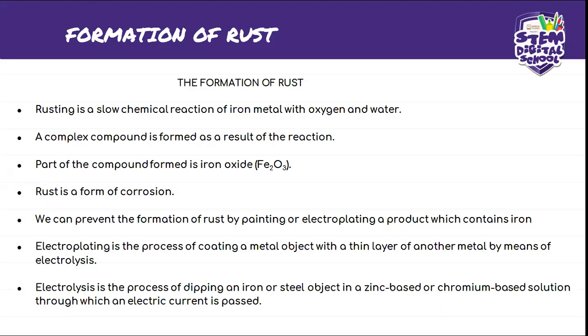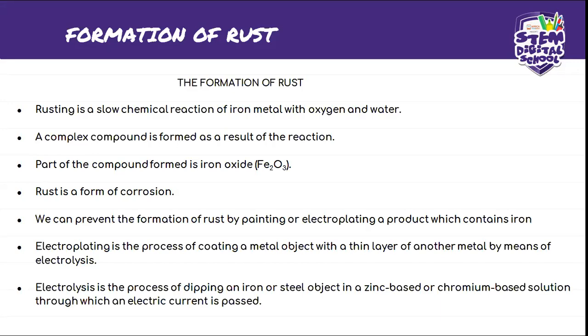And remember, at the initial reaction, iron hydroxide is formed. And then when iron hydroxide is formed, later on the water will dry up, leaving what? Iron oxide. Rust is a form of what? Corrosion. We can prevent the formation of rust by painting or electroplating a product which contains iron.